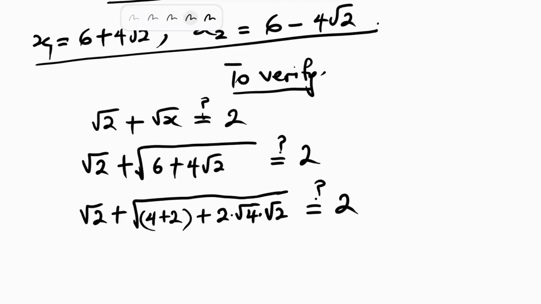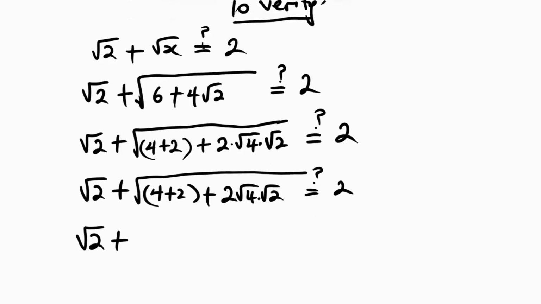Okay, so now we have square root of 2 plus. In this situation, we're going to try to rewrite what we have here in the format that we had earlier, a plus b squared, which would give us a squared plus b squared plus 2ab.